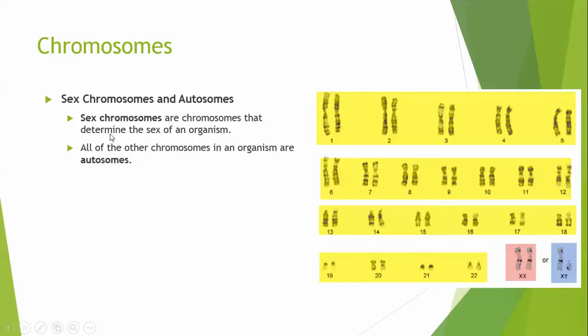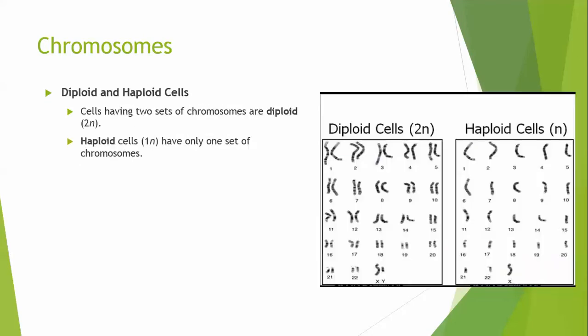And those code for gametes or sex cells, sperm and egg only. Okay? So if I were to ask you, what kind of chromosome would code for my toe, you would say autosomes. If I say what kind of chromosome codes for a sperm or an egg, you would say sex cells. And sperm and egg are also known as gametes.